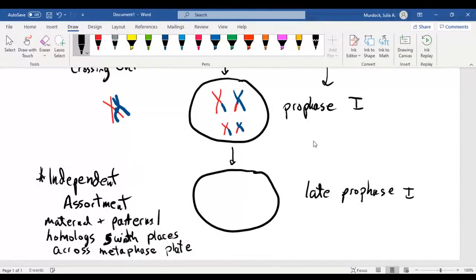Late prophase I. There's a lot that happens in the very beginning here. So that now maybe the top switched places and the bottom didn't. Right? So you've got this guy, you've got this guy, and then that guy is still over here. But this guy is now over here.